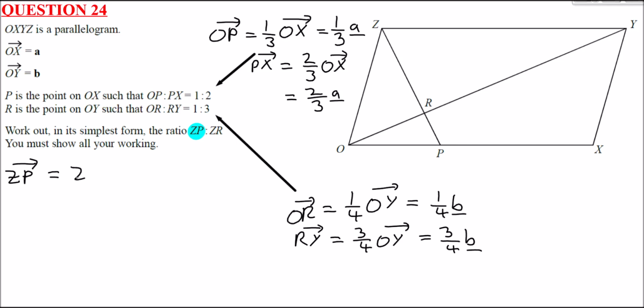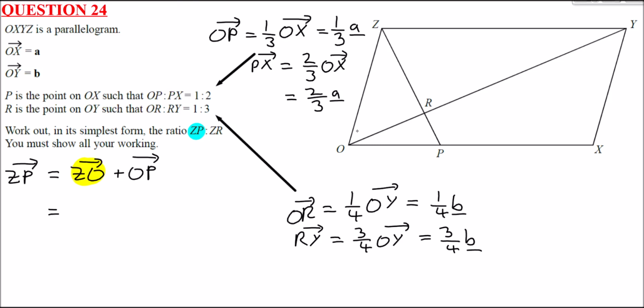So ZP is ZO, then from O to P. But there's no vector I know of yet that gets me from Z to O, so I need to think about what vector Z to O is.